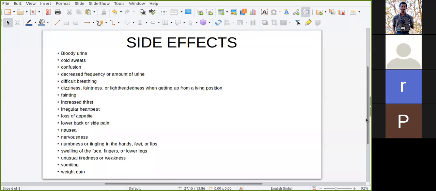But the interesting point is that excessive hypotension is rarely seen with valsartan. So it will maintain blood pressure, even if it goes below the normal level, it won't go very down. Then weight gain, vomiting, unusual tiredness, weakness, nervousness, nausea.